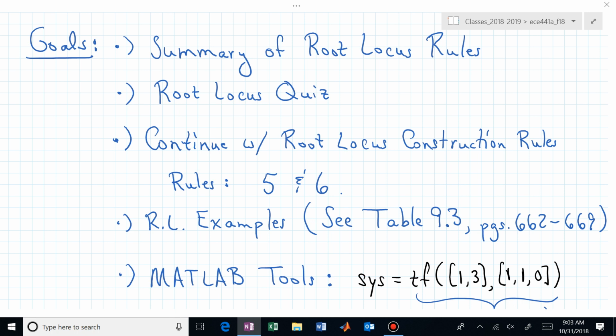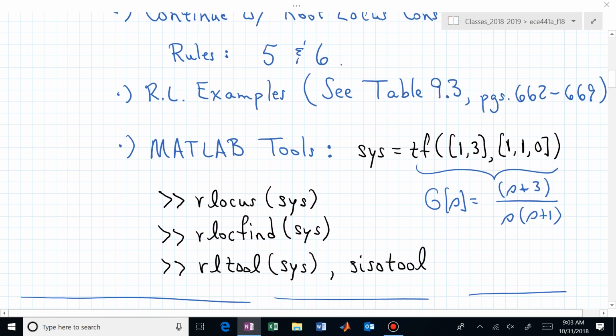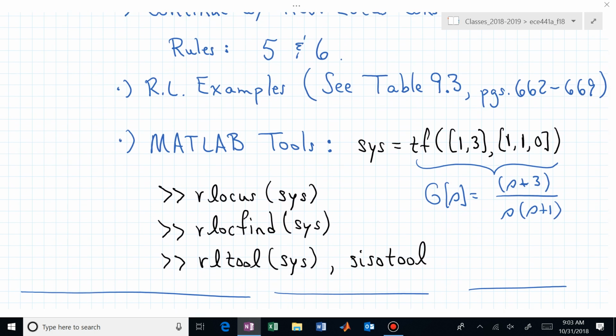Then we will continue, but actually that quiz is designed to help us understand why we might be doing, or how to do, rules 5 and 6, and that's where we will pick up, just as a way for you to know maybe what to expect in terms of answers, or what's the answer in the back of the book.